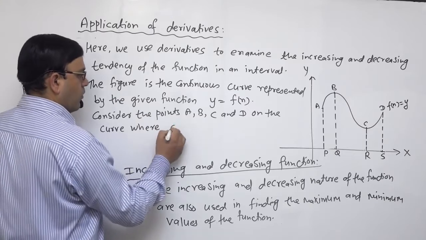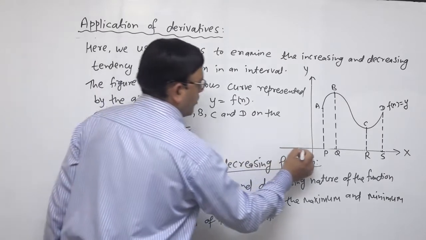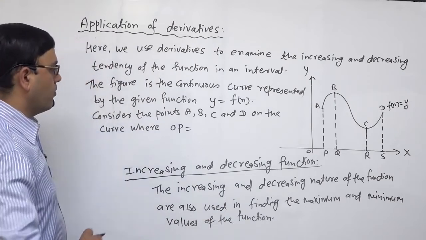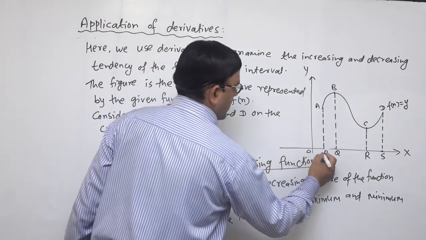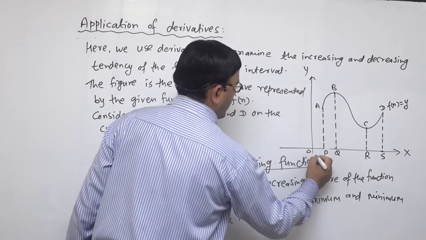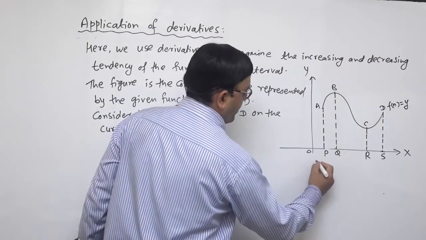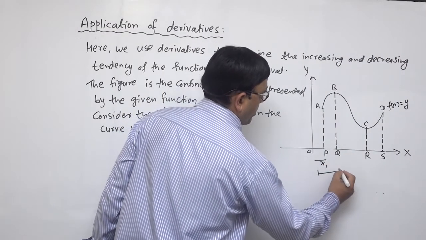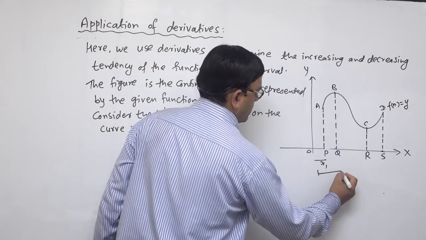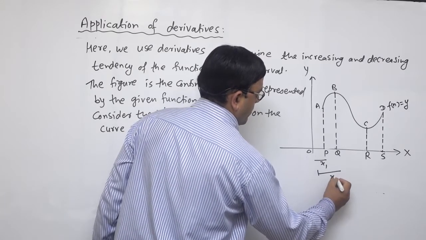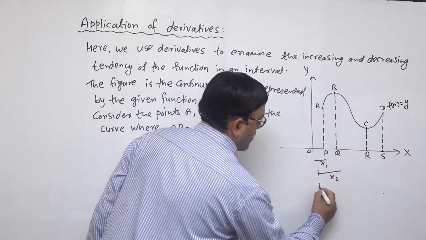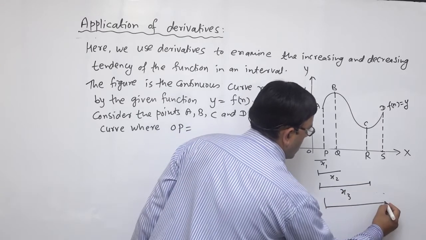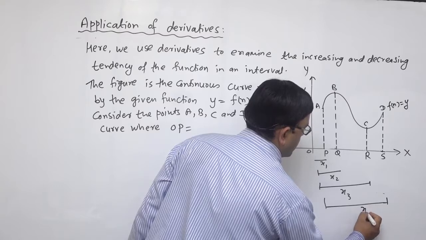Where OP is, right here O, then it will be OP, and we suppose this one is x1. OP is x1, from here to here. Similarly OQ is up to here, this is x2, and OR is up to here, this one is x3, and OS is up to here, this one is x4.